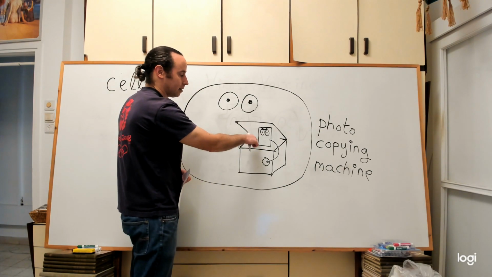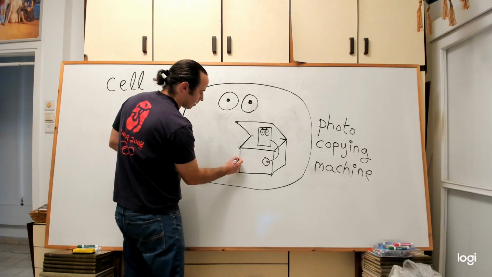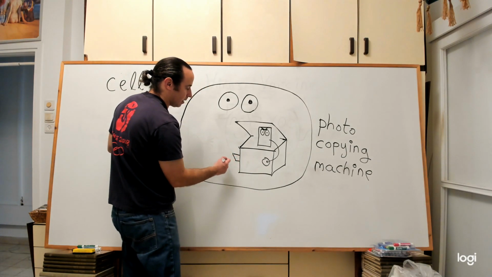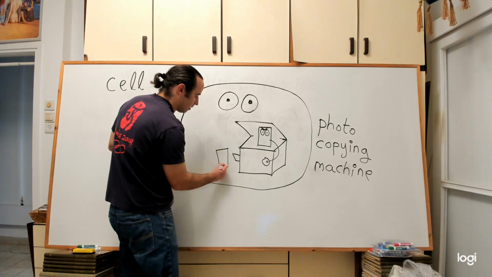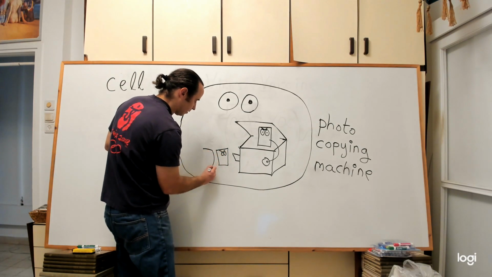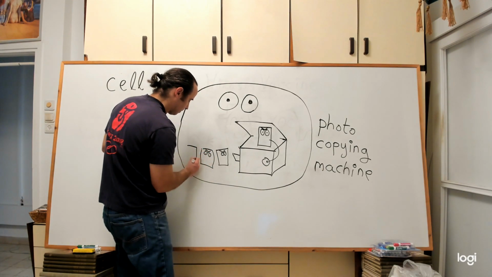He is standing on the glass of the photocopier, and here where the photocopies come out, it makes another photocopy of the virus, and another, until the whole cell explodes.